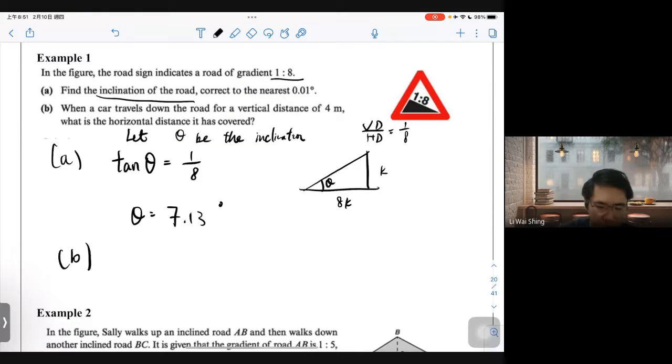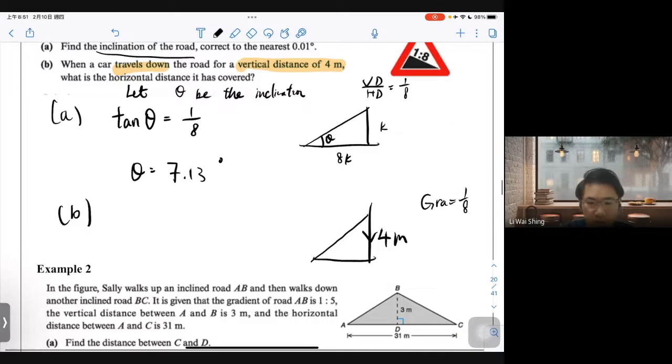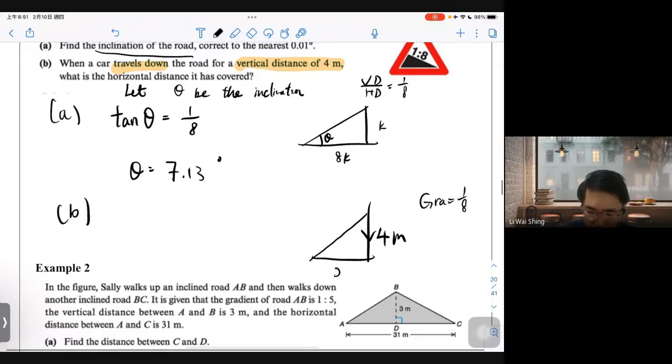Okay, part B. You know that the gradient, that means the slope, is 1 over 8. When the car travels down the road by a vertical distance of 4 meters, it goes down by 4 meters. You want to find the horizontal distance.